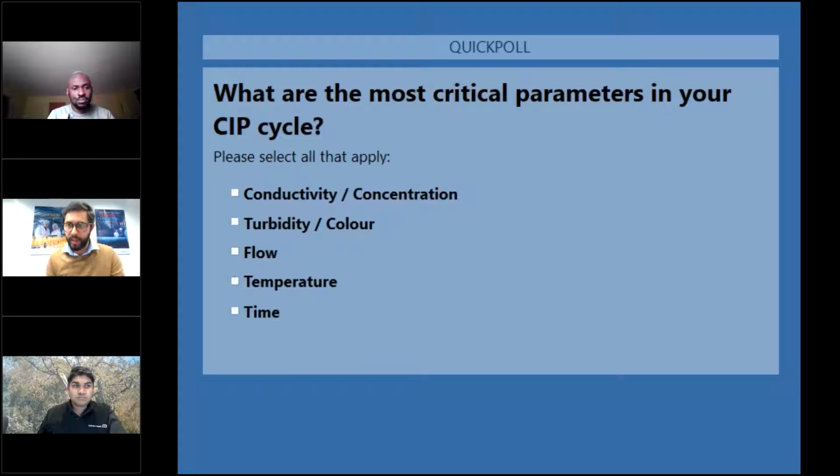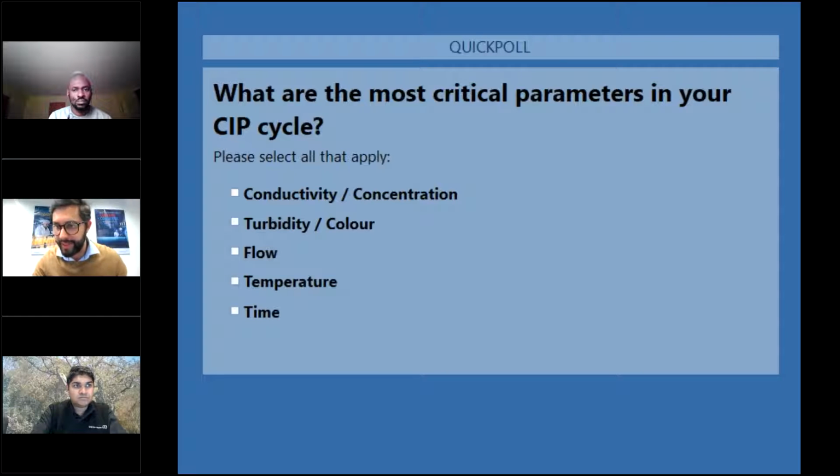All right, so conductivity, flow, temperature, time. It's changing a little bit. 89% conductivity, so we have a tie. That's really good. As you already mentioned, Dhiren, it seems like flow, temperature, time, and conductivity / concentration are well known across the food and beverage industry.